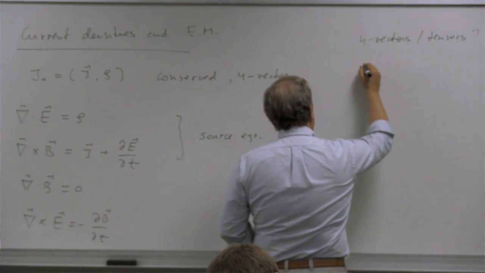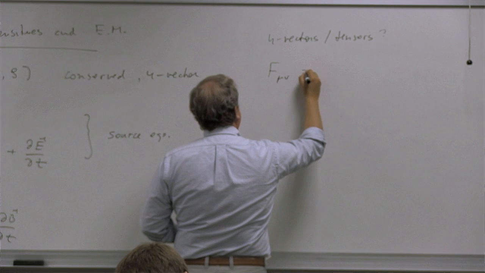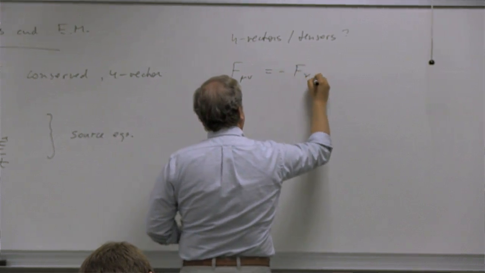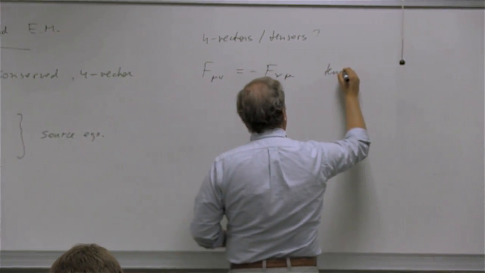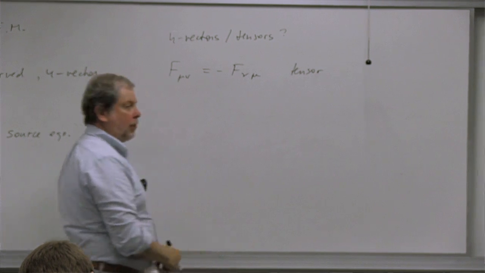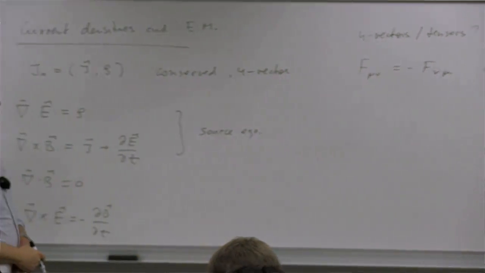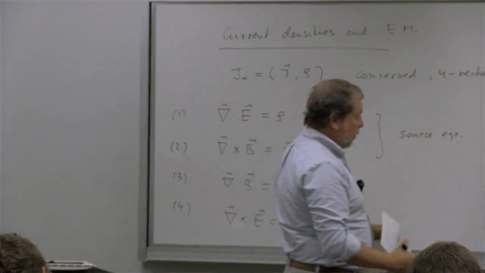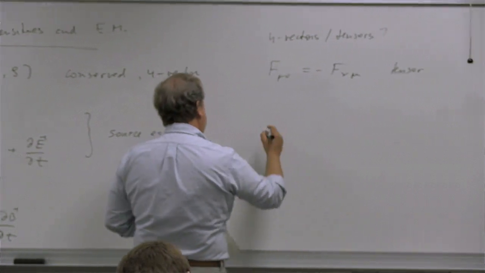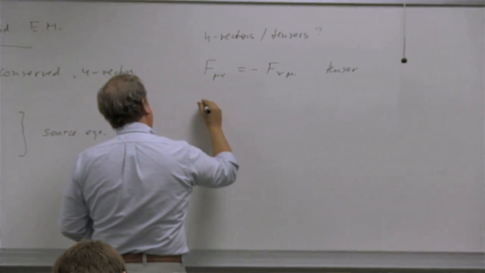And that is fairly easy to do, because the first thing is we introduce a tensor that has two indices, in this way, and whose entries are as follows.